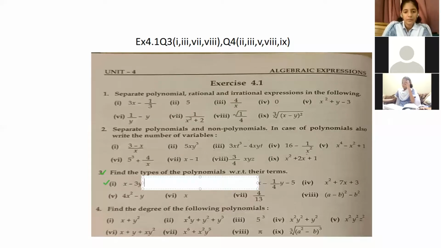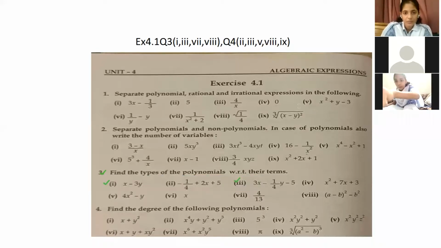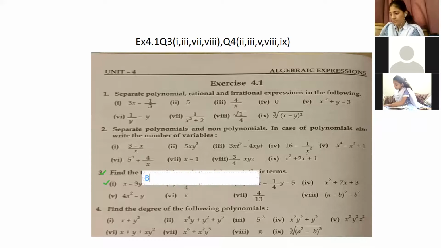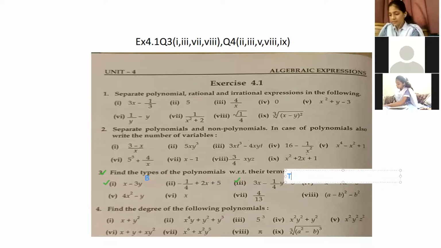So number 1 is binomial and number 3 is trinomial. Right?